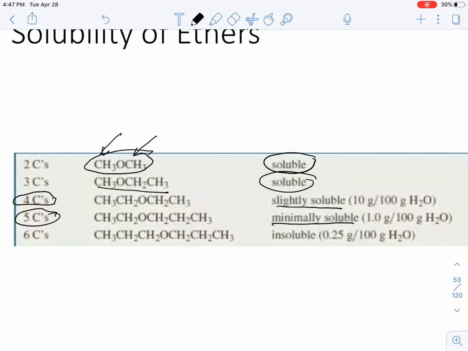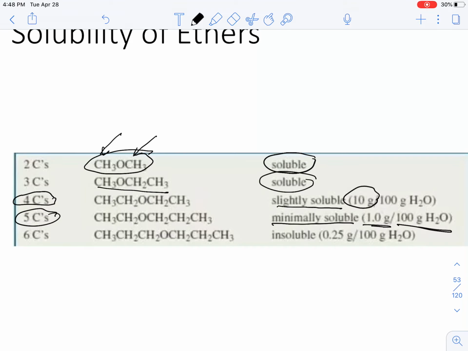Between 4 carbons and 5 carbons, we'll start seeing a slight separation of the solution. You might see a slight layering in a test tube, where a top layer and a bottom layer become a little more prominent. About 1 gram of it in 100 grams of water is soluble for a 5-carbon ether.